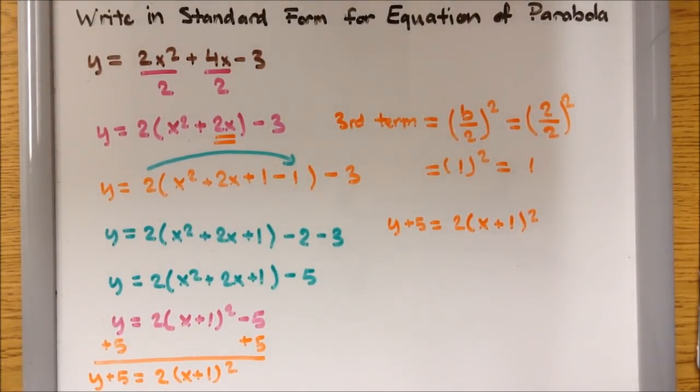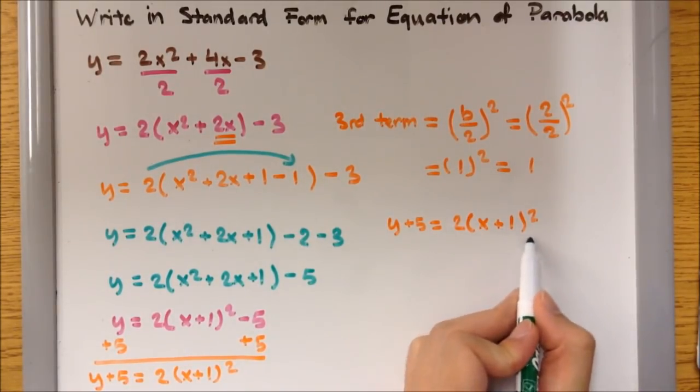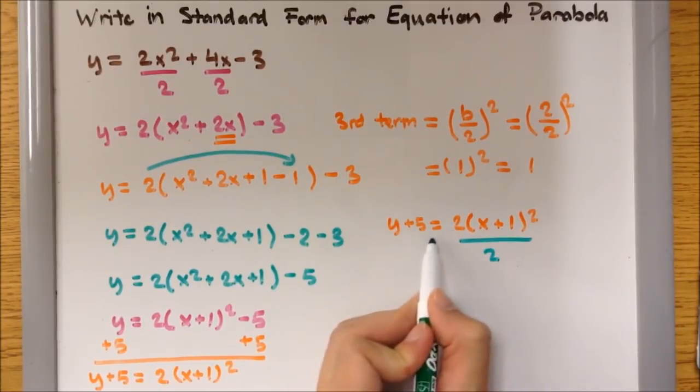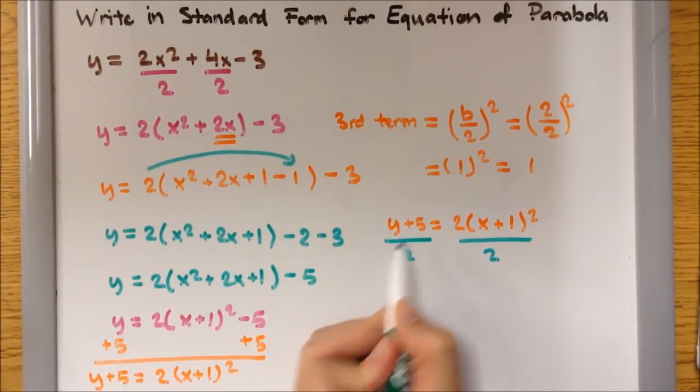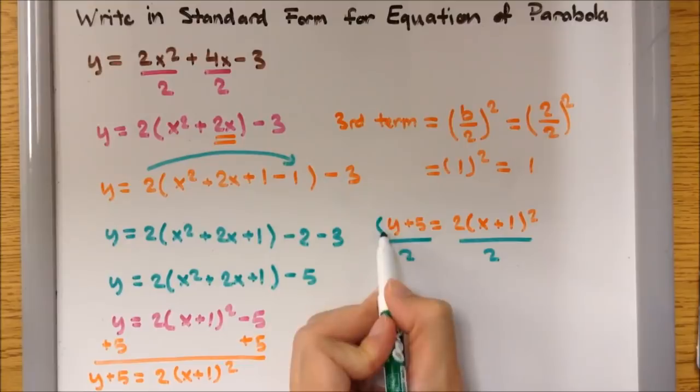Alright, almost done. So next, what I'm going to do, I'm going to get (x plus 1) squared by itself. I'm going to divide this by 2 and divide this by 2. Since I have y plus 5, I'm going to put this in parentheses.